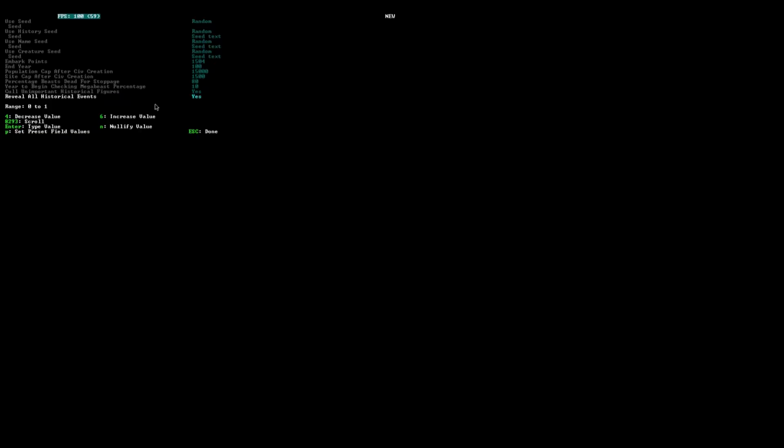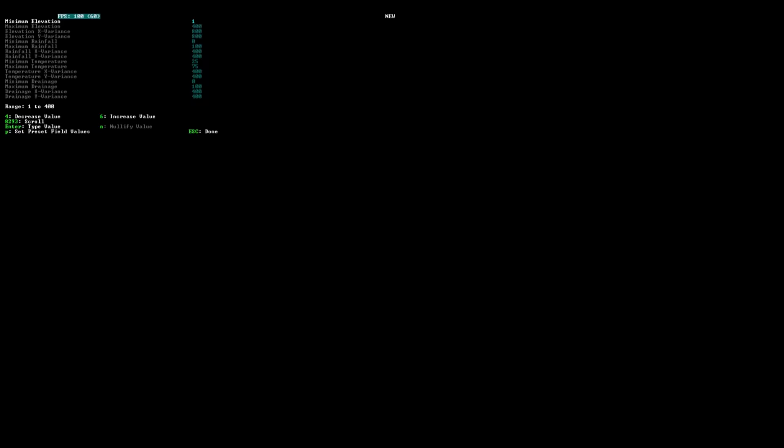So if you turn this off, it will save space. It won't record everything. It may help with the FPS. If you're looking to do the gameplay itself and don't really care about the historical events that go on in the past, then turn this off. It'll save on FPS while world generating and everything. But I like having it on because I like going through and reading everything as we go.